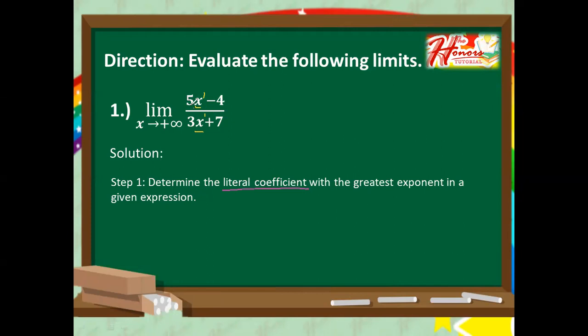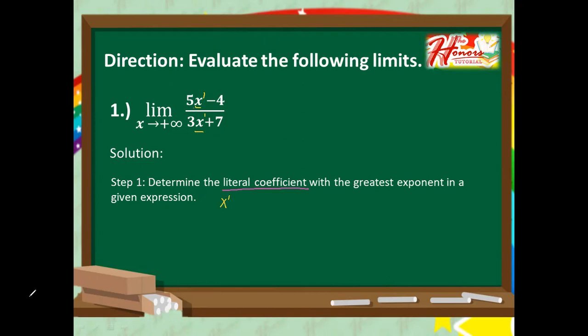So it is like an invisible number. So 1 is an invisible number as an exponent. Now we have here x raised to 1 and x raised to 1. We cannot compare it because they are equal. So therefore, simply write x raised to 1.